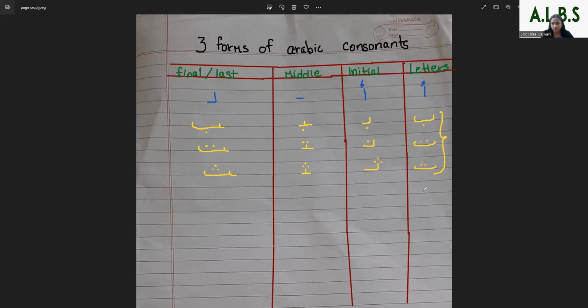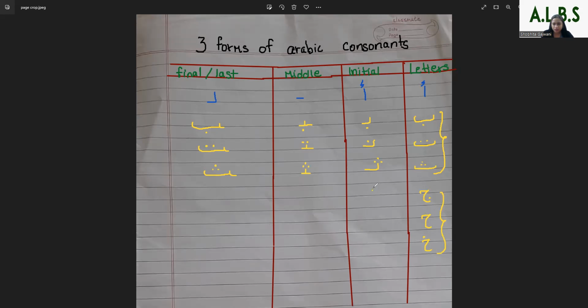Now the next letters are Jim and Ha. Again, these three letters form a family.